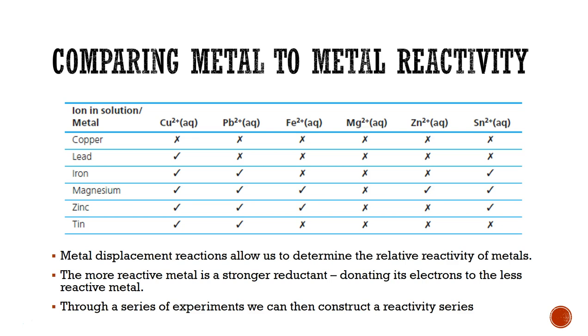We know that metal displacement reactions occur, that one piece of metal can be more reactive than another and cause a metal displacement reaction. Since we've done redox, we can now understand this in terms of redox chemistry.